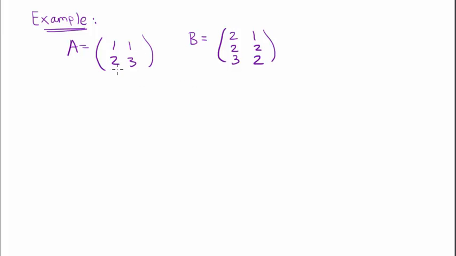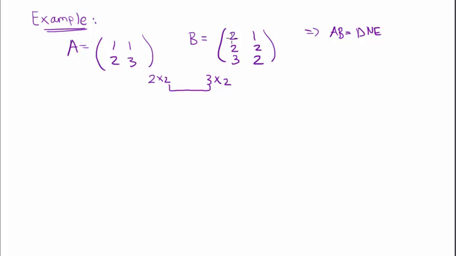Well, the dimension of matrix A is 2 by 2. What's the dimension of matrix B? 3 by 2. Well, can I multiply them? No, because the inside two, which is basically the 2 here and the 3 there, are not the same. So I cannot multiply them, right? So if this is the case, then AB does not exist. It doesn't exist. Okay, I cannot multiply them.